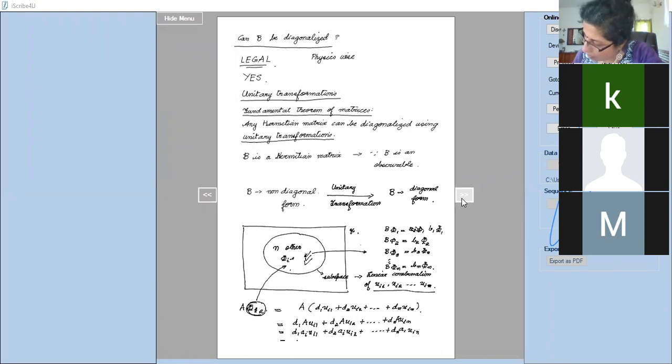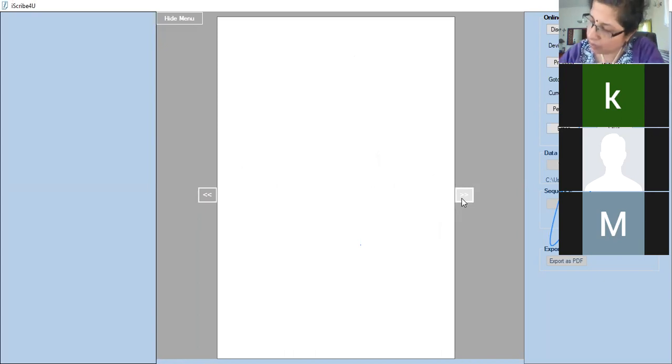Take the ai common. So what are we doing? We are doing A acting on phi 2. I will take out the ai common and you will get d1 ui1 plus d2 ui2 plus dot dot dot dn uin.